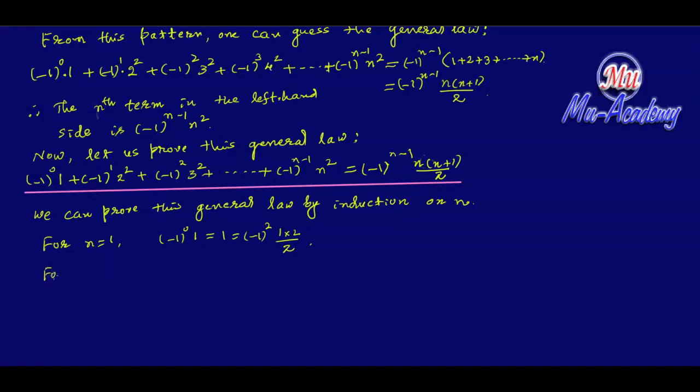For n is equal to 2, minus 1 raised to 0 into 1 plus minus 1 raised to 1 into 2 square is equal to minus 1 raised to 1 into 2 into 3 by 2, and now we can cancel this, and that is equal to 3.